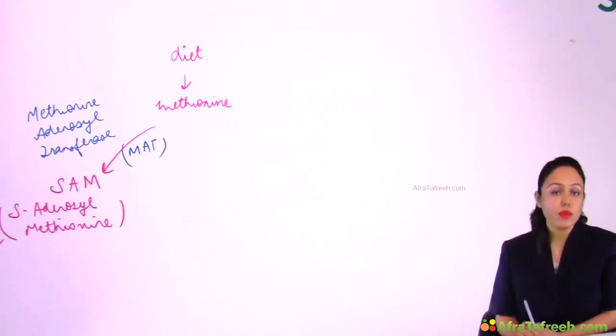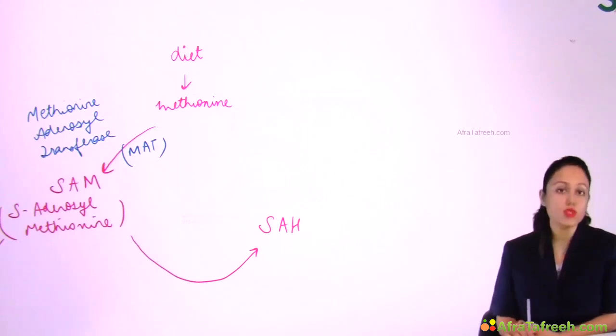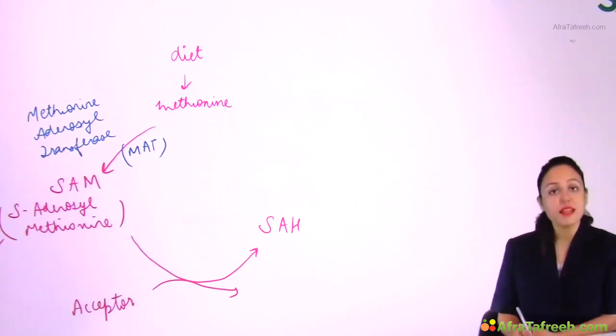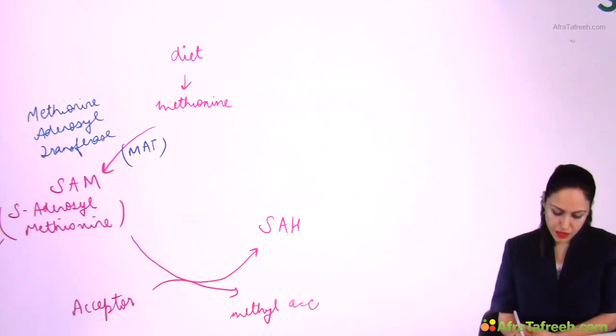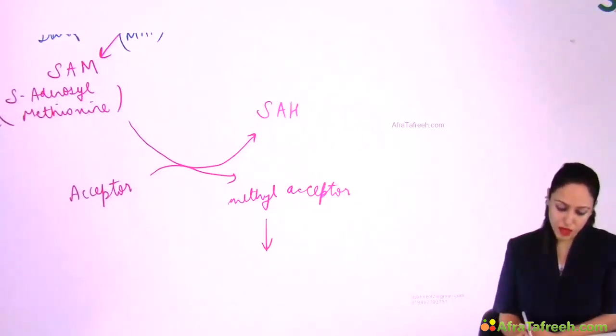This SAM will donate methyl group, and when SAM will donate methyl group, it will be converted to S-adenosyl homocysteine, and here any acceptor in body can take this methyl group, forming methyl acceptor. There are many reactions which require methyl group from SAM, and these reactions I am going to write here.